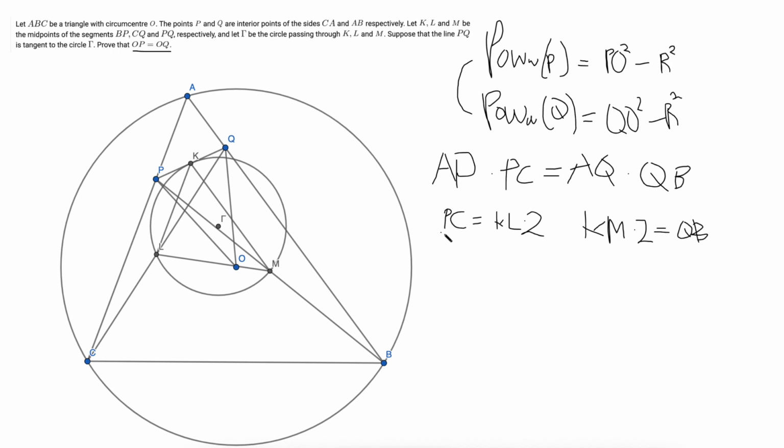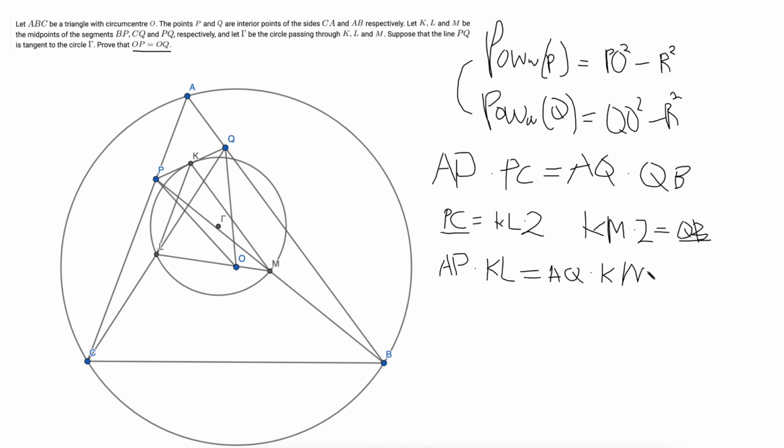So now let's try substituting PC and QB into our original equation and see what we get. So we have AP times KL equals AQ times KM.